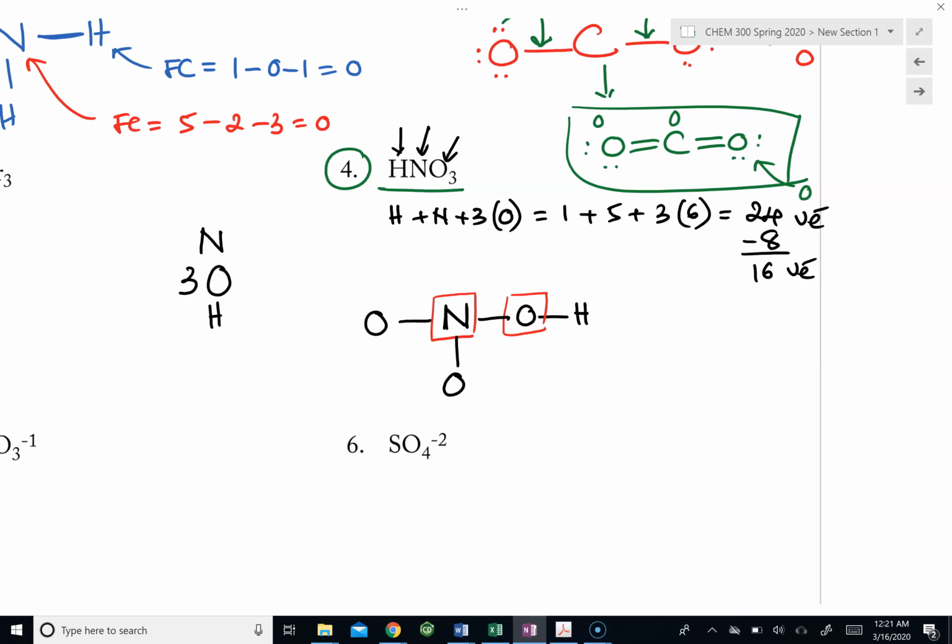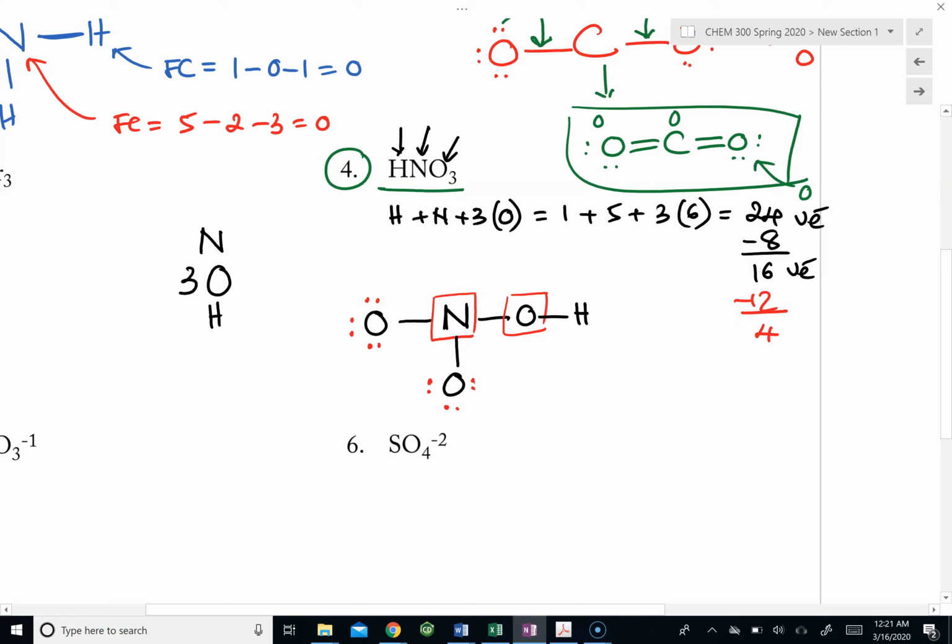So we need to give the electrons to these 2 oxygen first, making them terminal atoms, and that is 12 electrons right there. And we have 4 more remaining.